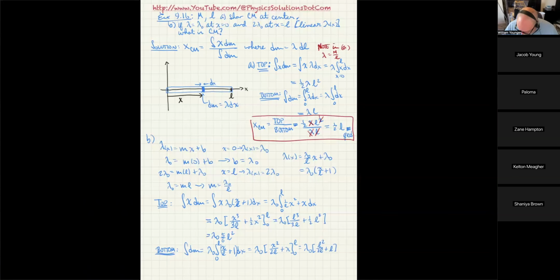And of course, L squared over 2L just becomes 1 half L. 1 half L plus L is 3 halves L, so it's going to be 3 halves lambda 0 times L.